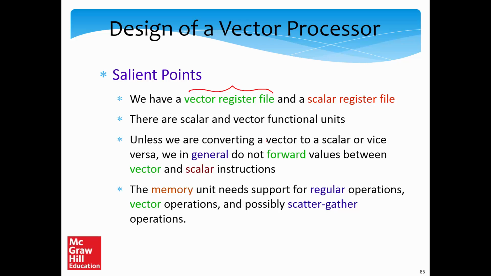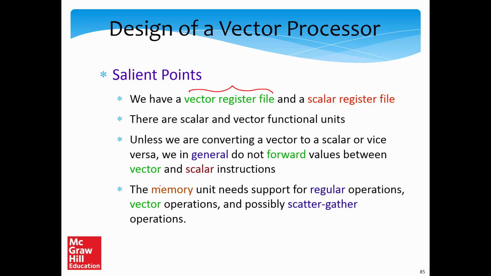And unless we are converting a vector to a scalar or vice versa, we in general do not forward values between vector and scalar instructions. So this is one thing that's kept in mind, that in the pipeline, forwarding of values between the vector path and the scalar path is not done, because typically, this need will not arise.